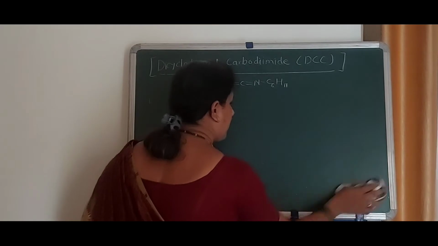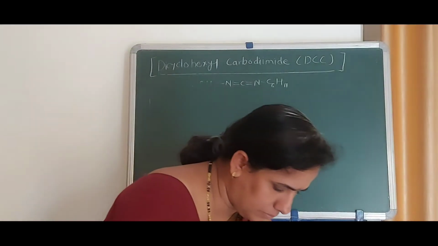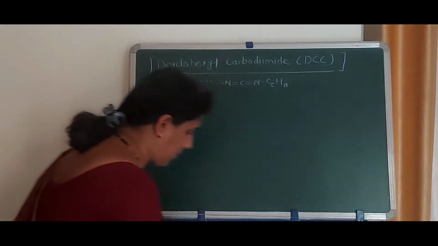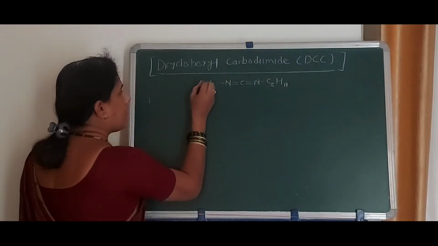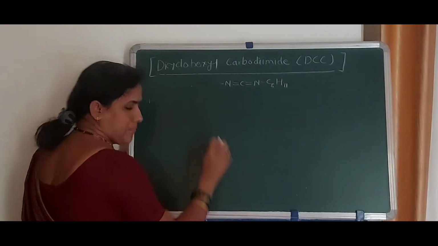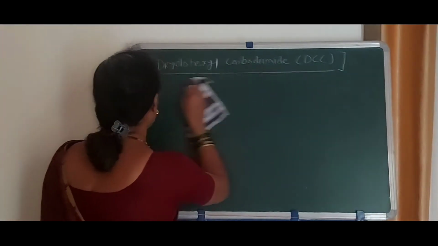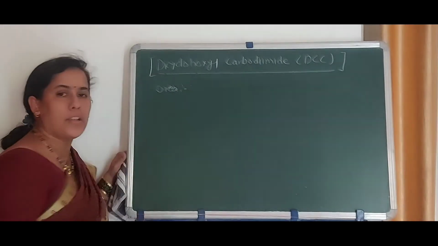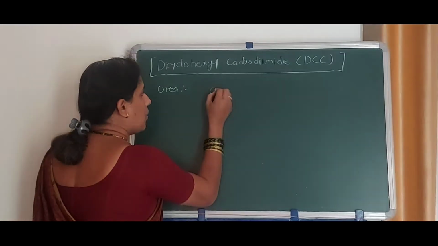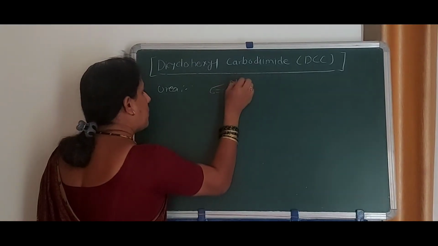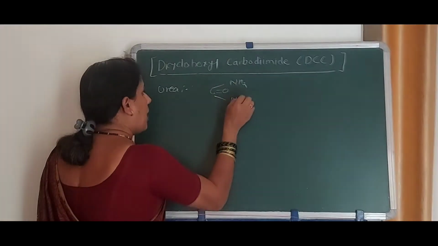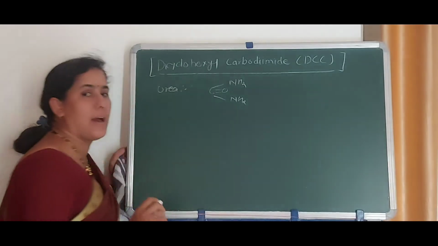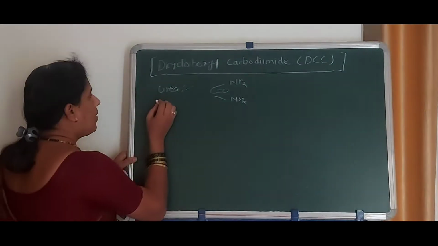See here, what is the urea formula? CONH2. Now one of these H is replaced by the cyclohexyl group. Which group is that?